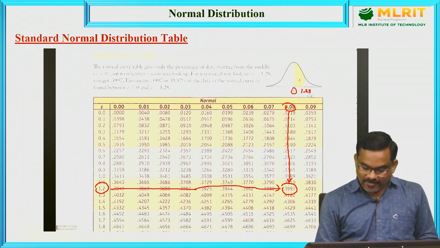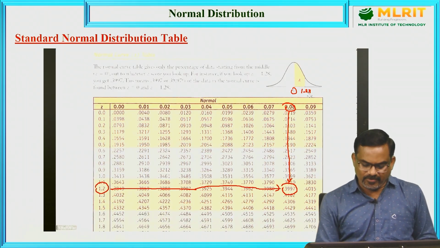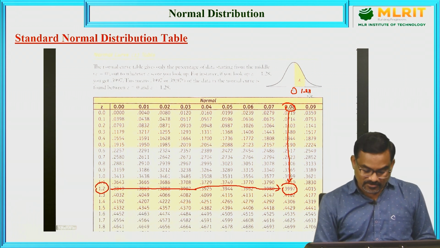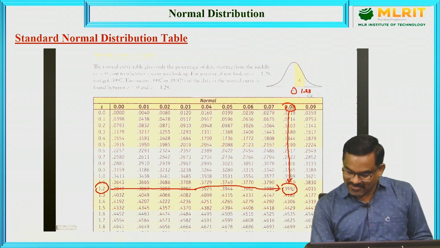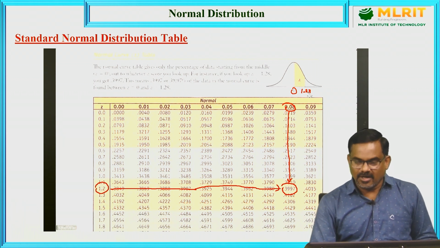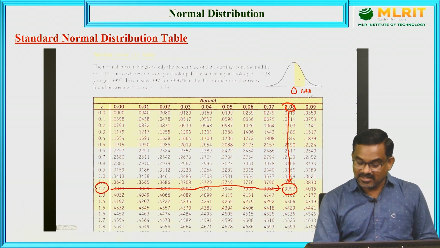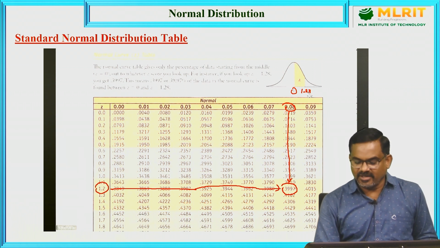So here try to find out a value which is very near to 0.4 in the standard normal distribution table. You can identify here 0.3944, 0.3962, 0.3997, 0.4015. So these two values are nearby 0.4, and it is very clear that 0.3997 is very near to 0.4.